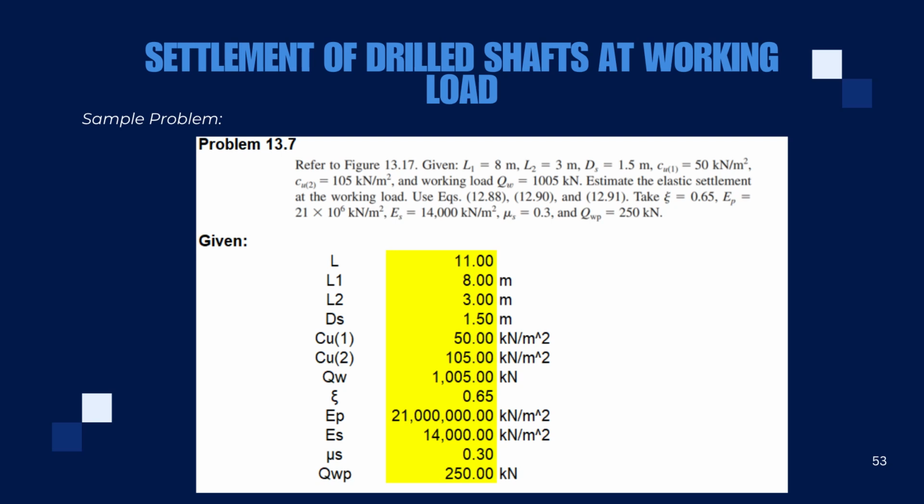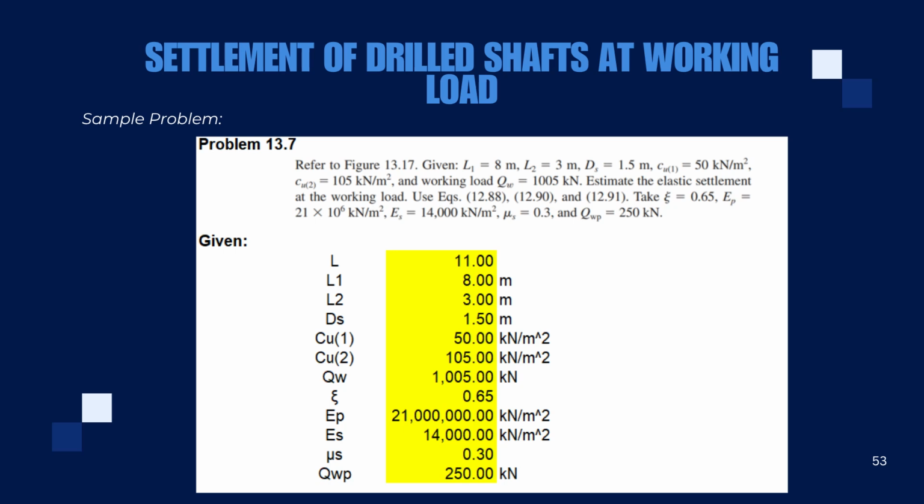So here in this problem, given that L1 is 8 meters, L2 is 3 meters, Ds is 1.5 meters, Cu1 is 50 kilonewton per meter squared, Cu2 is 105 kilonewton per meter squared, and working load Qw is 1005 kilonewton. Estimate the elastic settlement at the working load.